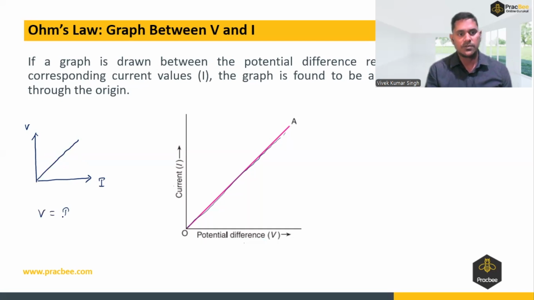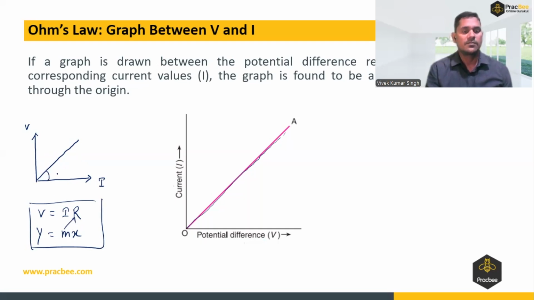V equals IR. If you compare this equation with y equals mx, the equation of a straight line, this m is the slope, which gives the value of resistance. So the slope of the voltage versus current graph gives us the resistance.